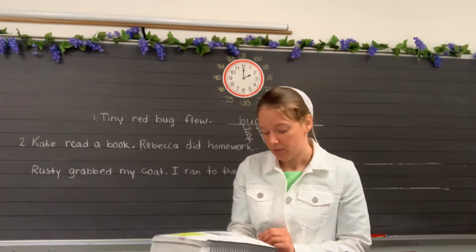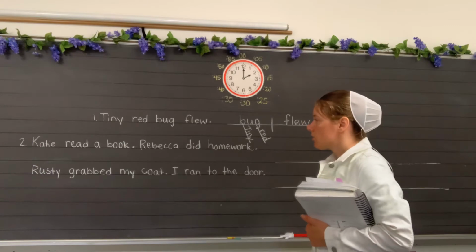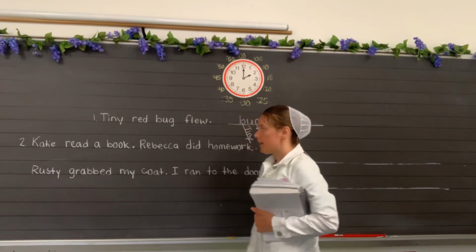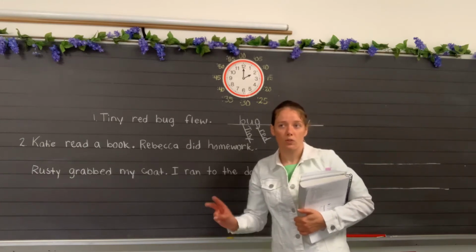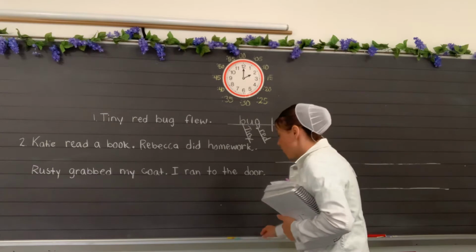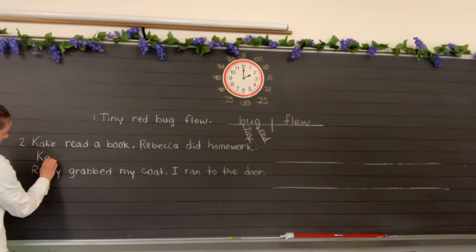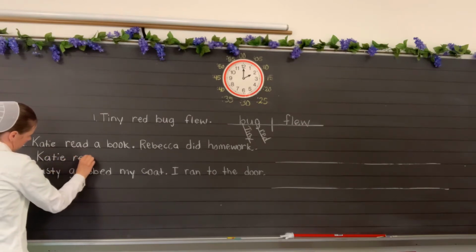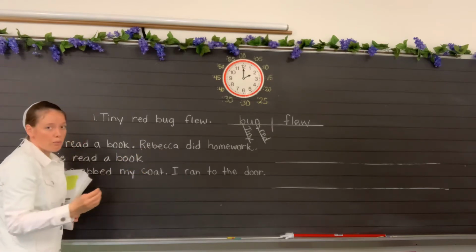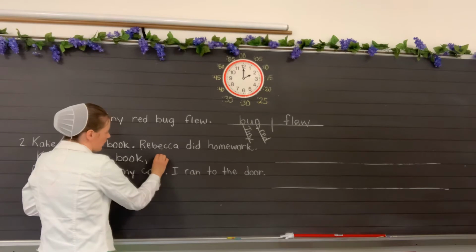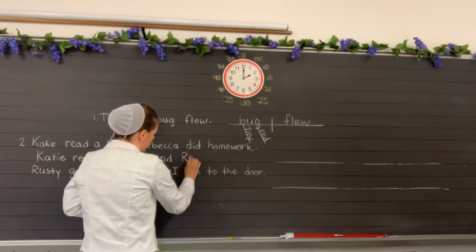Okay, let's look over here on the board. We have some sentences here to combine into 1. So the first one here says, Katie read a book. Rebecca did homework. And I want to make those 2 sentences into 1 sentence. So what we do is we just start writing Katie read a book. And then we put a comma in, and we put the word and in to join the 2 sentences.